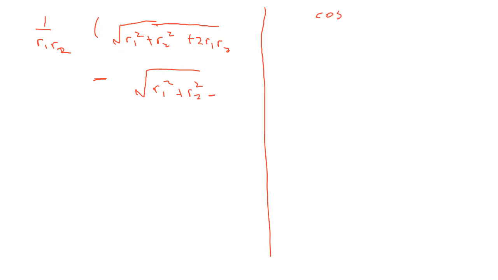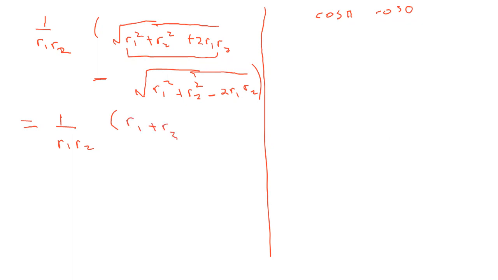You're basically substituting cos pi and also cos 0. One is minus 1, the other is 1. And this is just the square. So you get 1 over r1 r2 of r1 plus r2 squared. Take the square root, you get r1 plus r2.